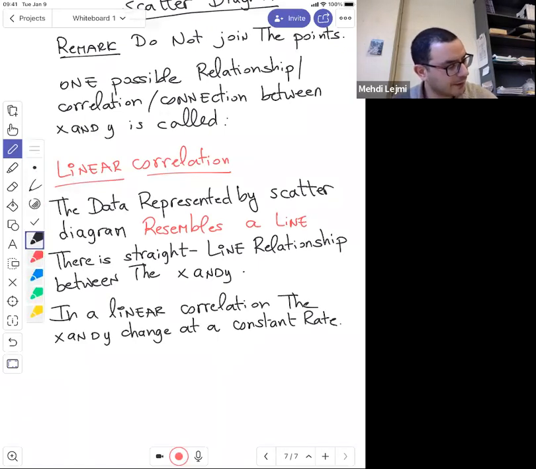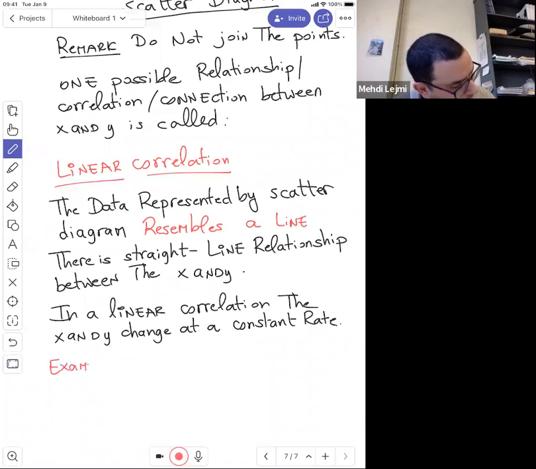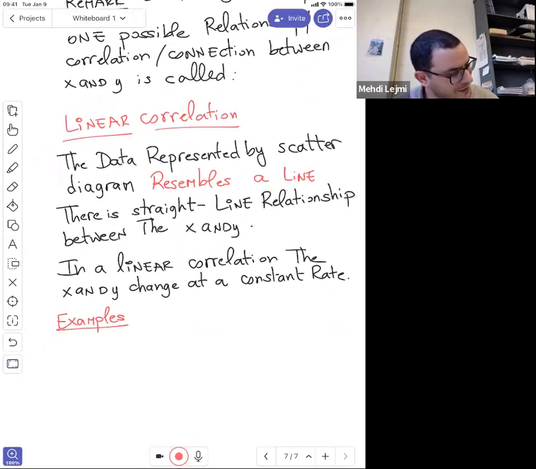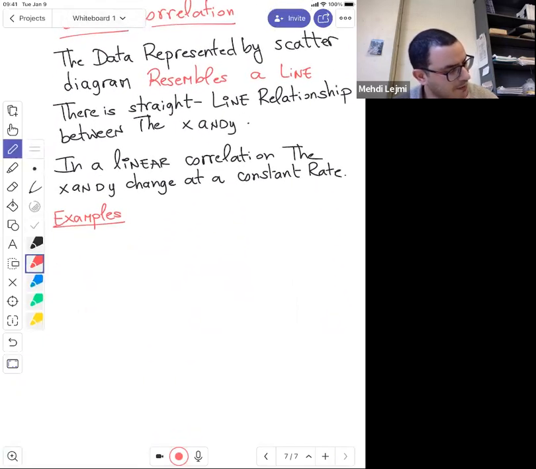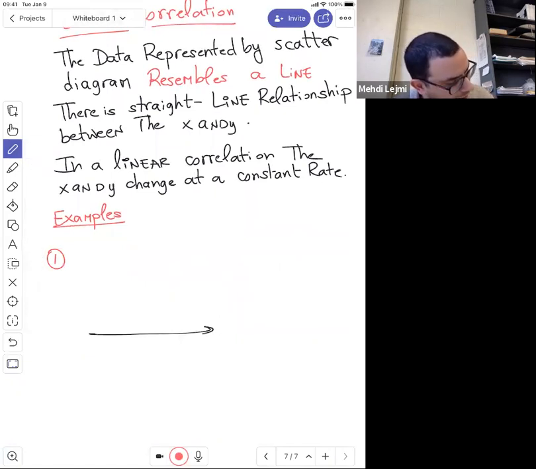So for example, let's say you have examples. First example, here's your scatter diagram. And let's say you have the following data.